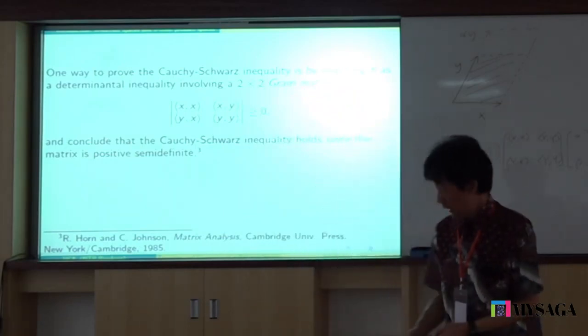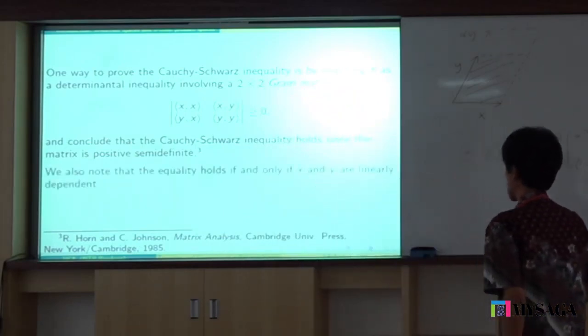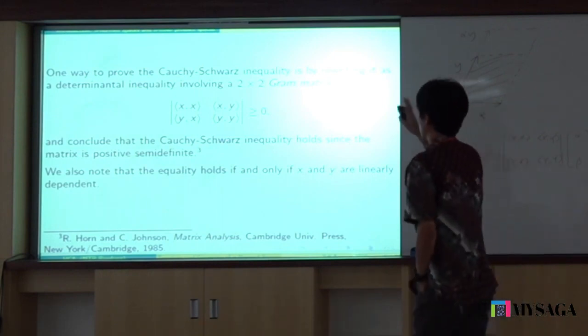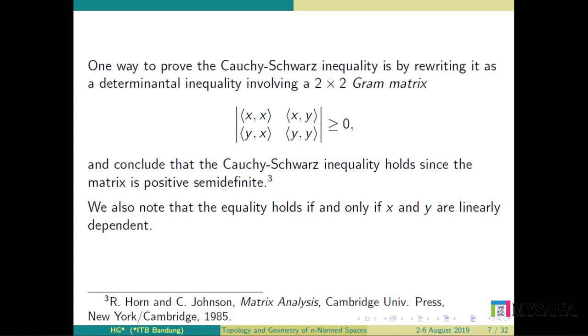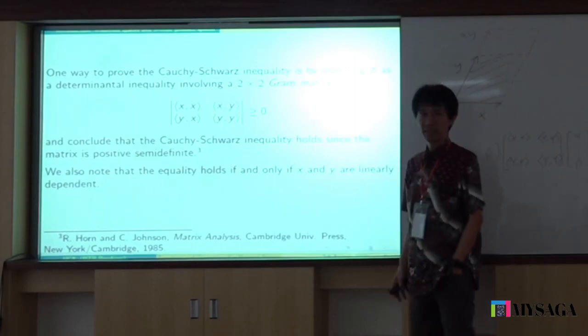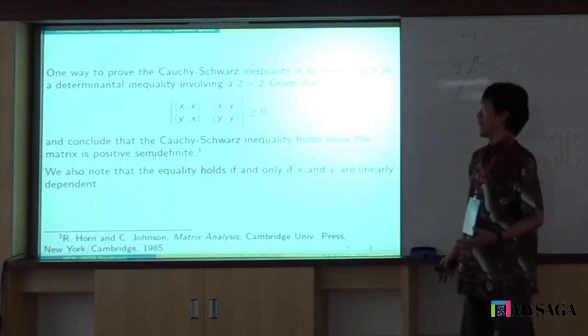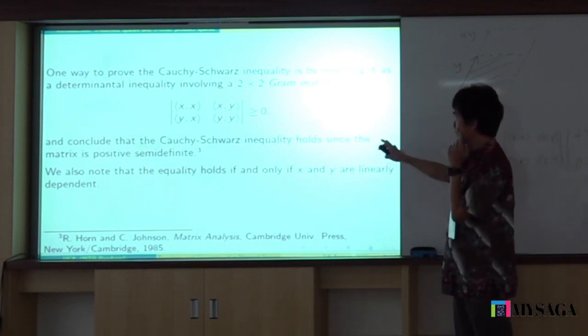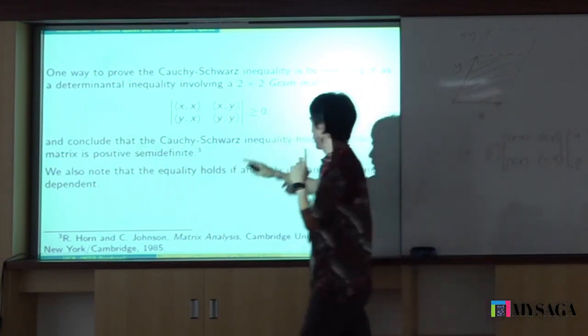Now, one more thing from this inequality is that we see that the equality holds if and only if x and y are linearly dependent. That result is very clear from this inequality. Why?